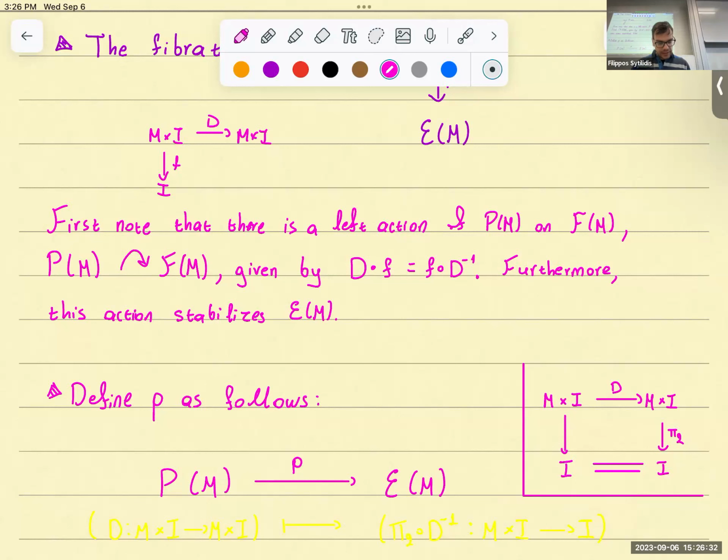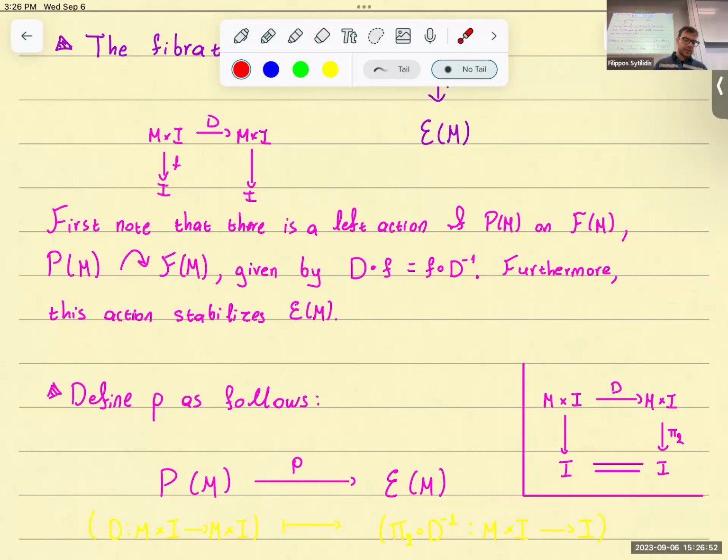There's only one way that I can go about a function from M cross I to I. I'll have to precompose by a diffeomorphism of M cross I, which is the one that I have.